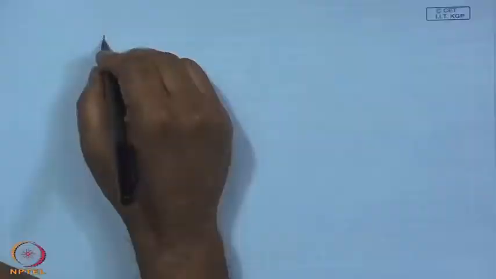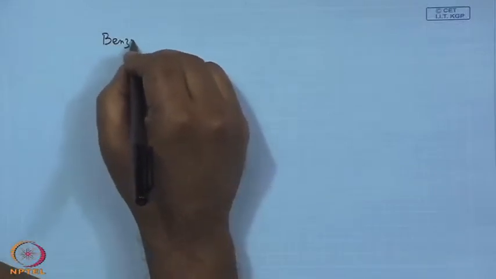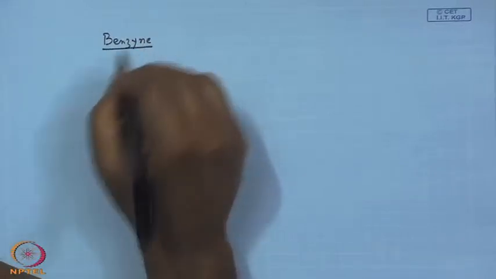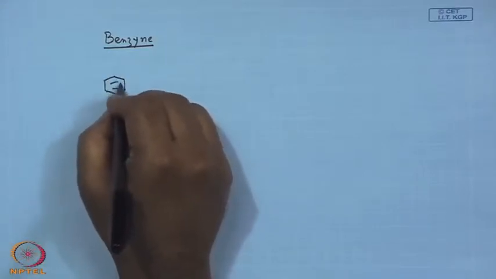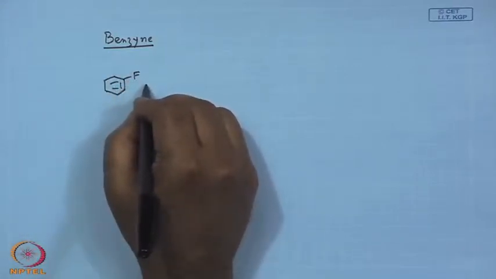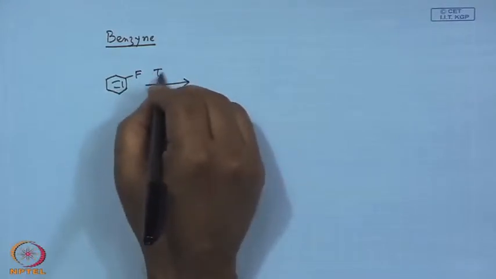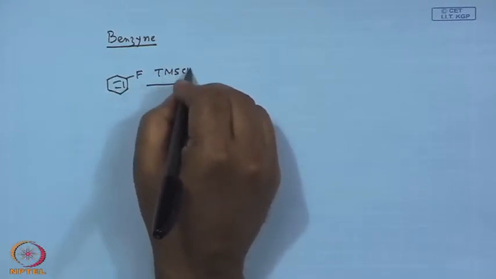So, then let us look at one more reaction. I think that would suffice for the synthesis of indazole. Like say, if you have this benzyl, if you treat with fluorobenzene with TMS diazomethane.